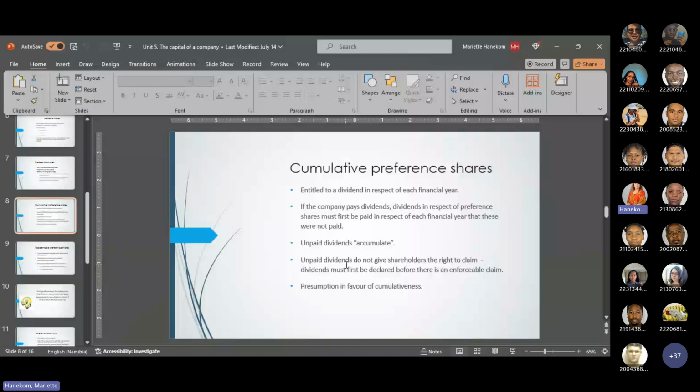Now, generally, how it works in a company is if the company has not made a profit that particular year, or the directors decide that they have made a profit, but they would rather retain the profit to expand the business, so they're not going to be paying dividends. Incidentally, there's no law saying a company must pay dividends every year. That is a decision to be made by the directors, not by the shareholders. The directors decide whether they are going to declare and pay dividends in a particular year.